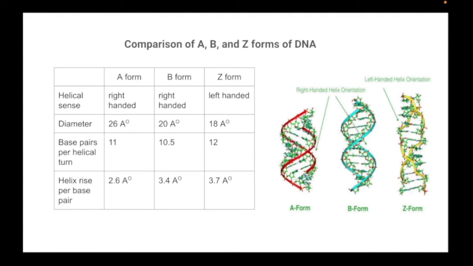The helix rise per base pair is 2.6 angstrom in A form, 3.4 angstrom in B form, and 3.7 angstrom in Z form. B form of the DNA is known as Watson and Crick DNA.